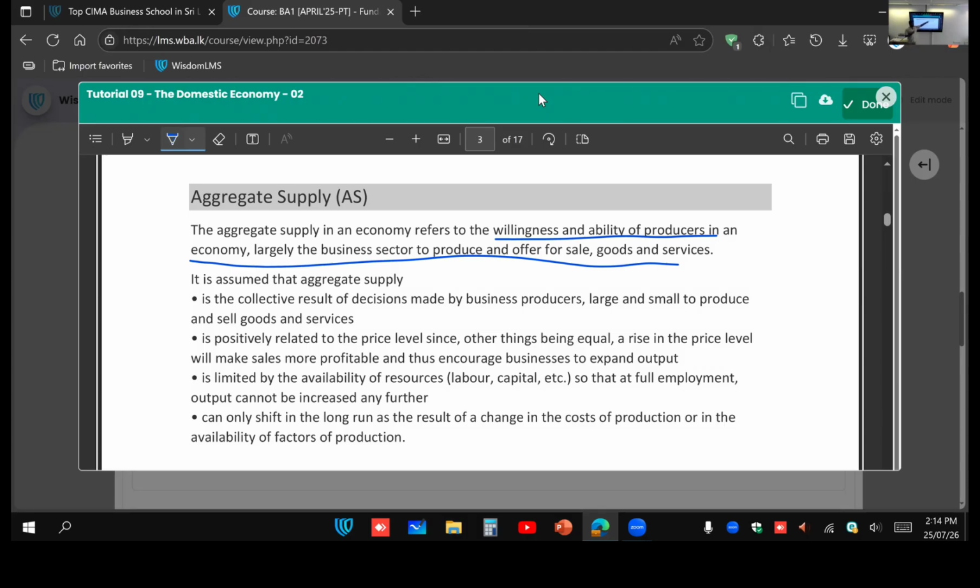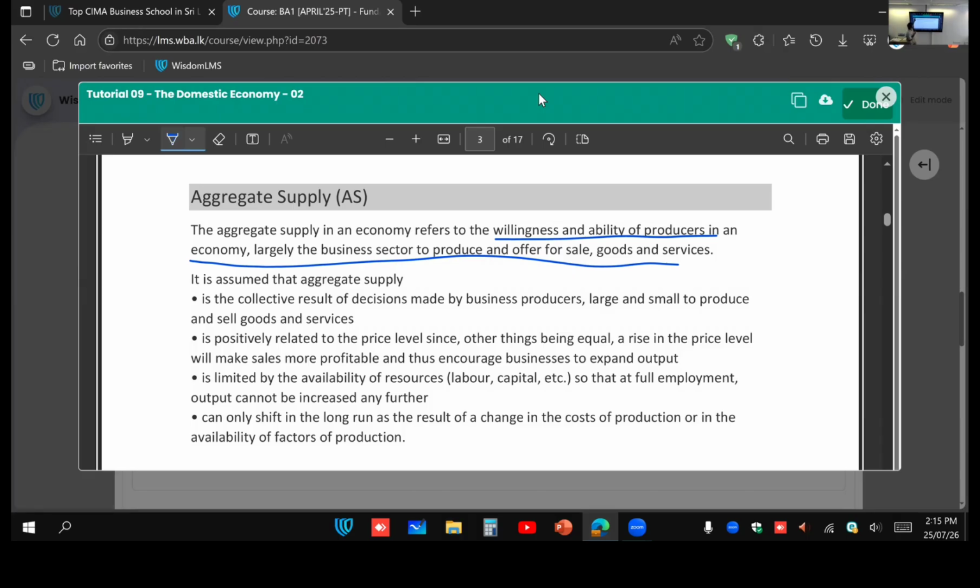Willingness and ability of the producers. What's the limiting factor? Resources. Producers cannot manufacture up to the level they need, right? They can't do it. But why? Resources.